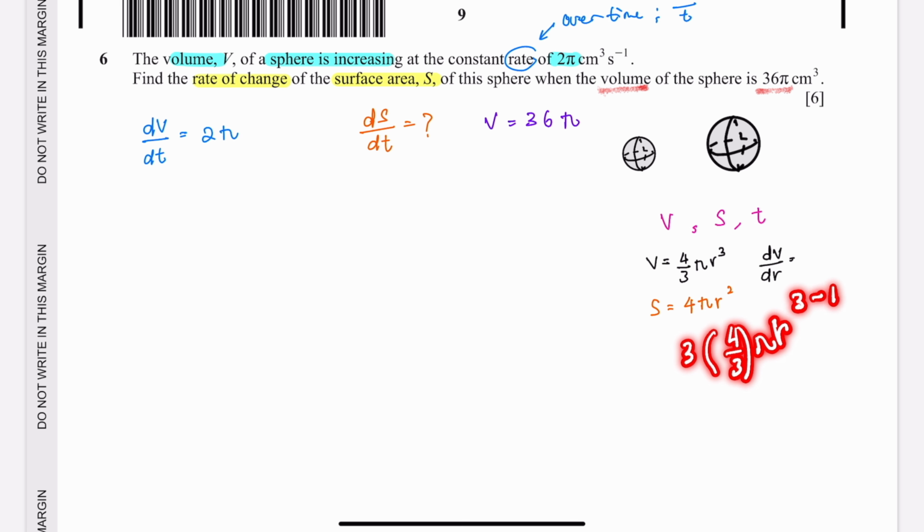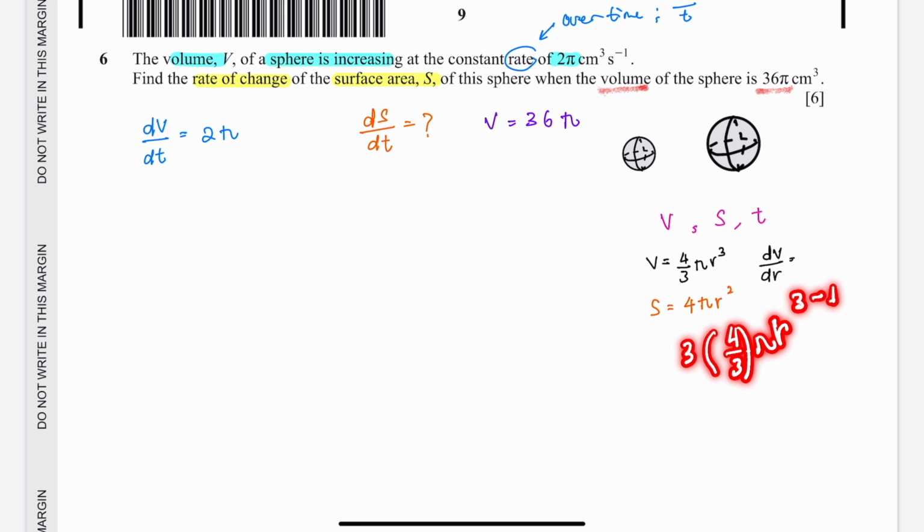To simplify this, the 3 and 3 cancel, and r cubed becomes r squared. So let's write that down. Now, let's differentiate the surface area, dS over dr. Power brought in front, 4 times 2 pi r, 2 minus 1, giving 8 pi r.